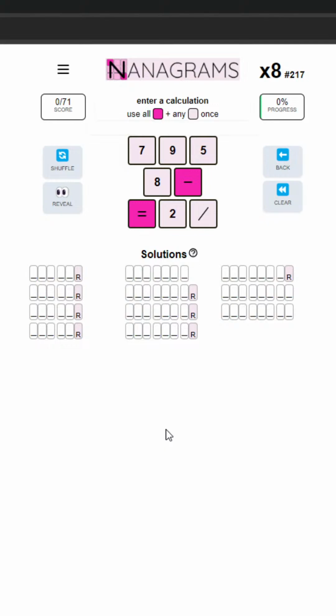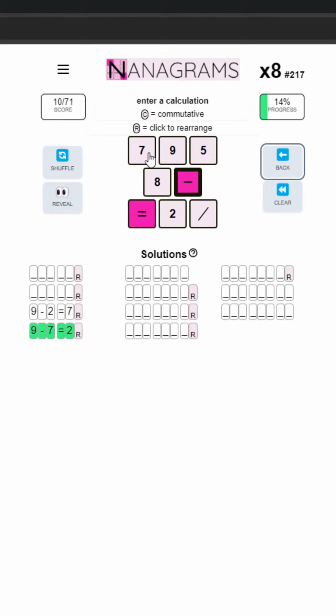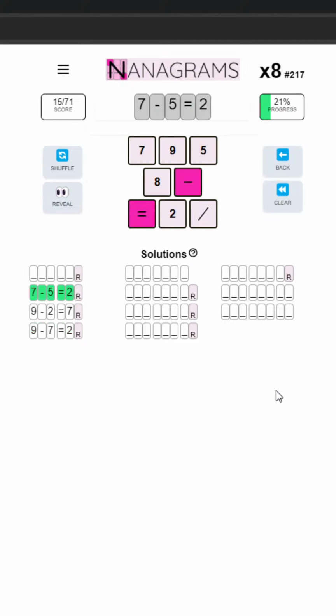Okay. 9 minus 2 is equal to 7. 9 minus 7 is equal to 2. 8 minus... What about 7 minus 5 is equal to 2? 8 divided by 2, no. There's another simple one.